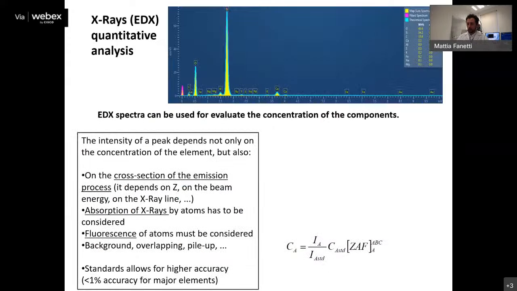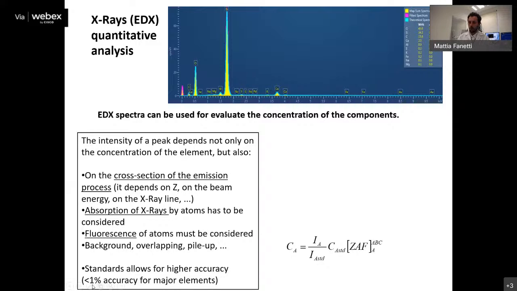Okay, if you want, you can also measure the intensity of these peaks and understand how much of these elements are inside your sample. And of course, to do this, you first have to measure the intensity of the peaks, but then you have to consider that several factors can affect the intensity of your peaks. First of all, which elements are there and what the beam energy is, because these influence the cross-section of the fluorescence process.